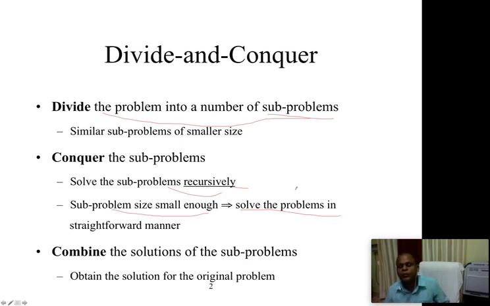Once the sub problems are solved, the solutions of the sub problems are combined to get the solution of the original problem. This is the approach of designing and solving a problem using divide and conquer.